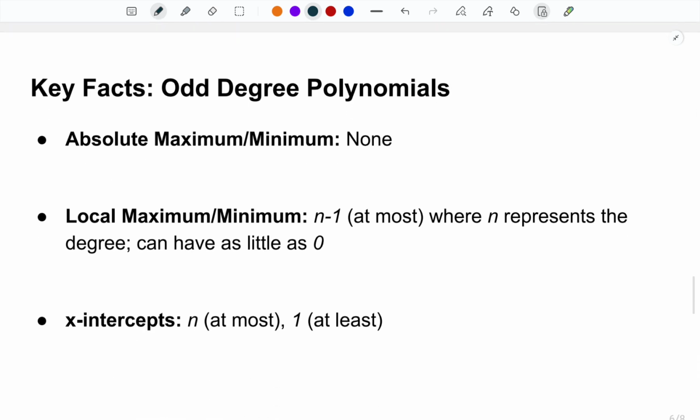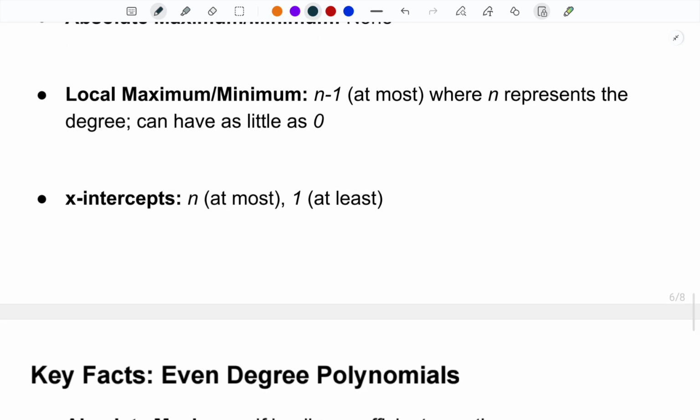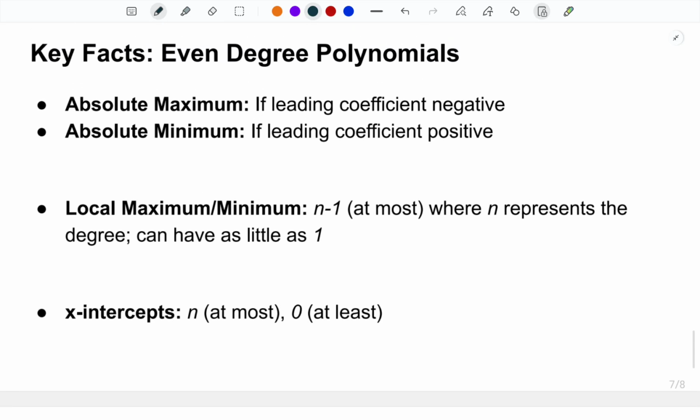You could still have local maximums and minimums, and at most you will have one less than the degree, but you could have none. And x-intercepts, you could have at most n, but you have to have at least one because if you're thinking about the end behavior, you're going between, in a sense, opposite quadrants, so you're crossing the x-axis at least once. And for an even degree polynomial, you could have a maximum or a minimum, an absolute one.